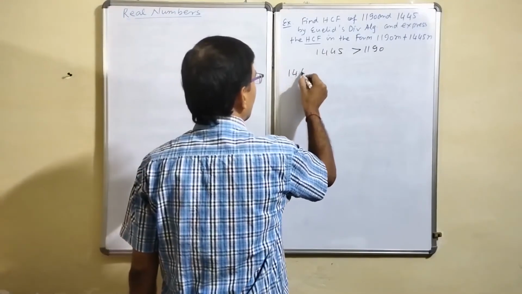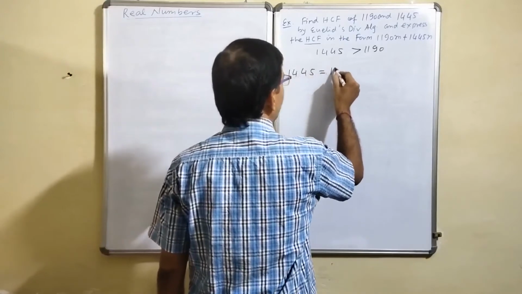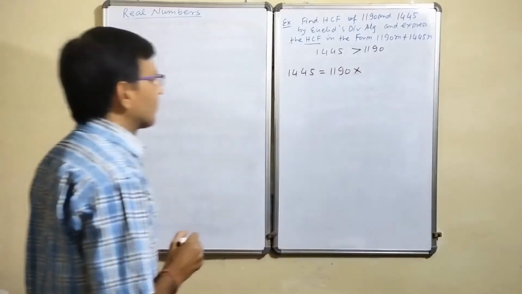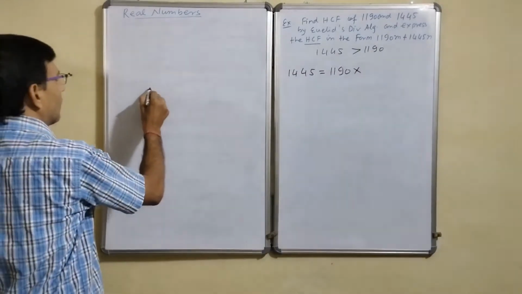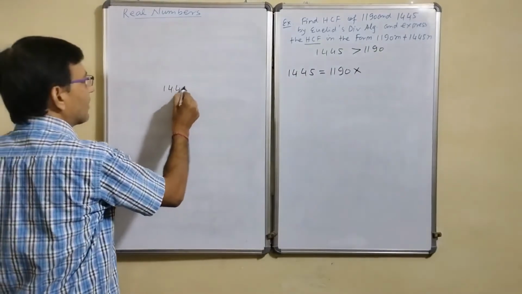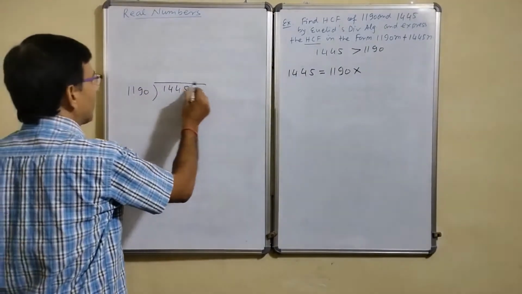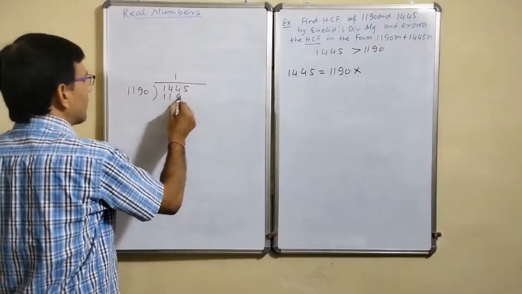1445 is equal to 1190 multiplied by something. So now show the division. 1445 divided by 1190, 1 times 1190.